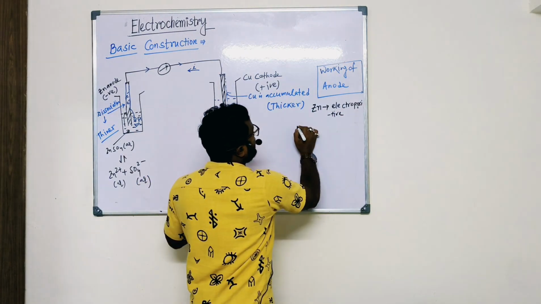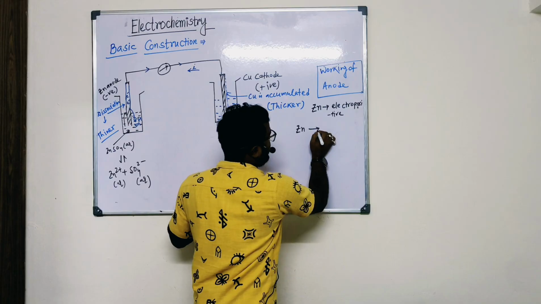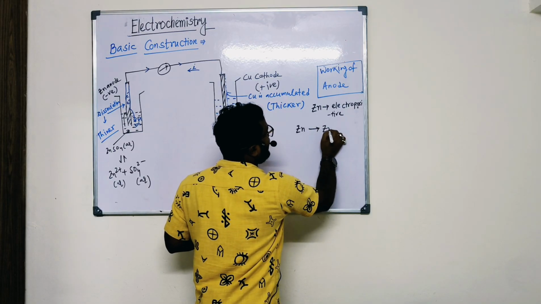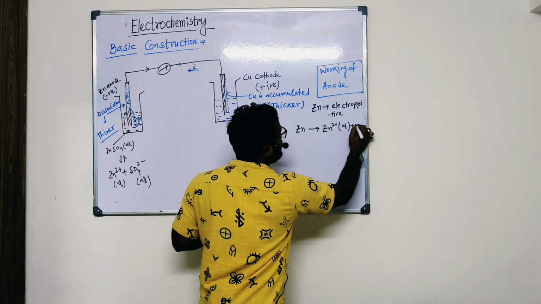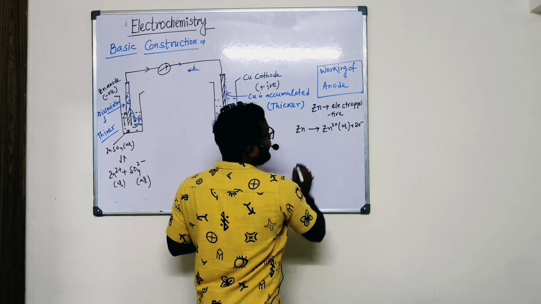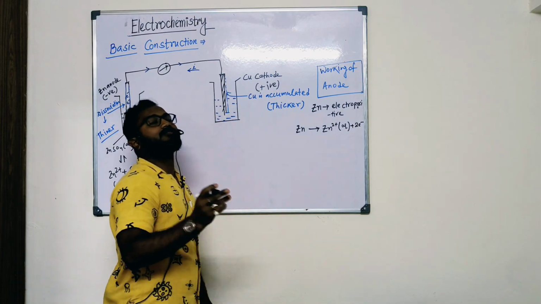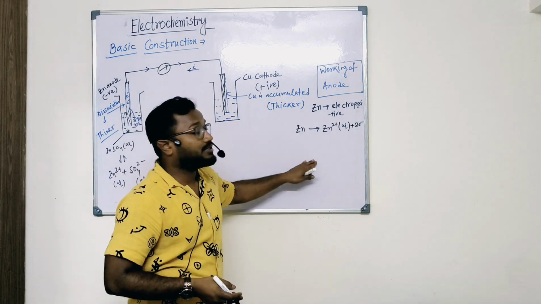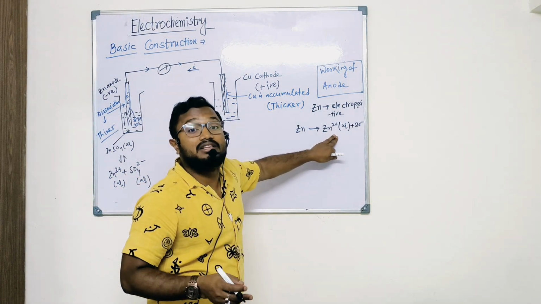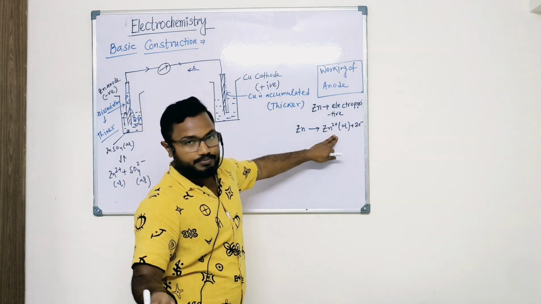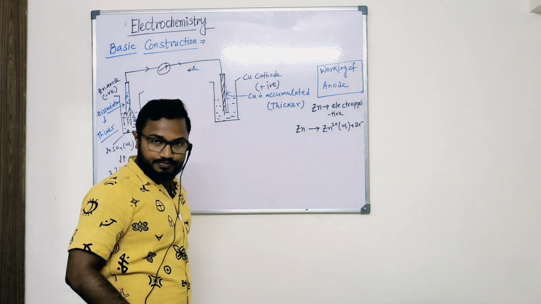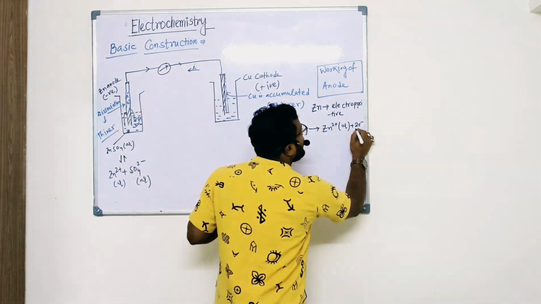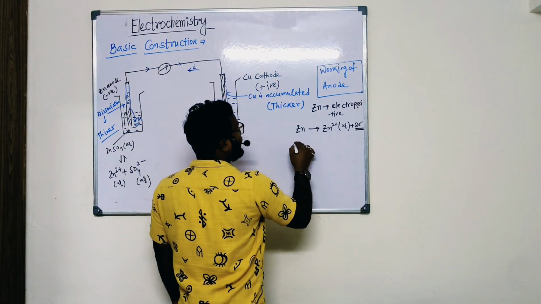As a result, zinc will liberate 2 electrons with Zn2+. As zinc liberates 2 electrons, it is liberating positive charge to the solution. So the solution becomes positive and 2 electrons are left.